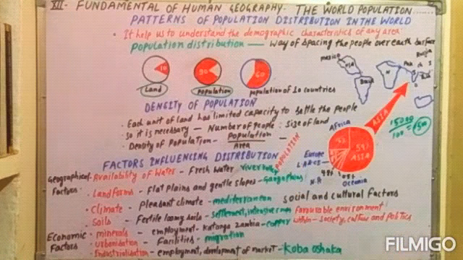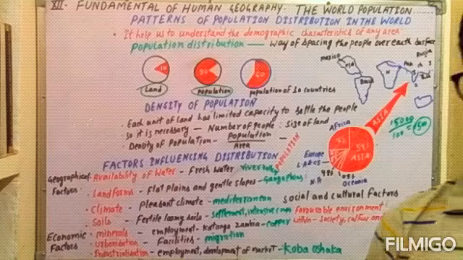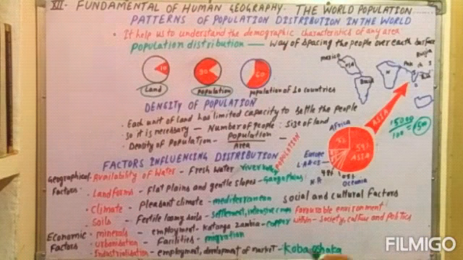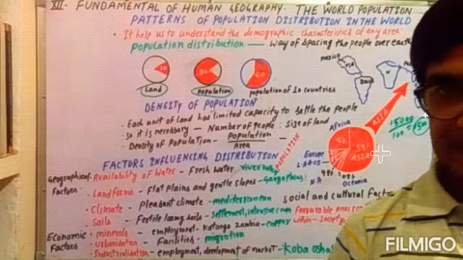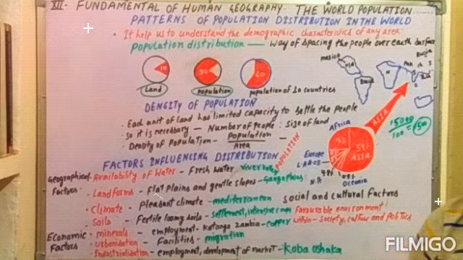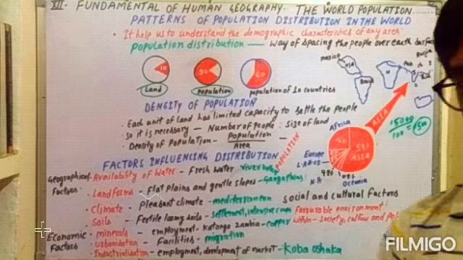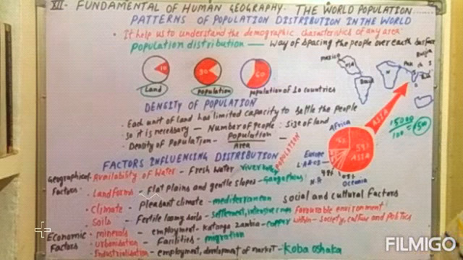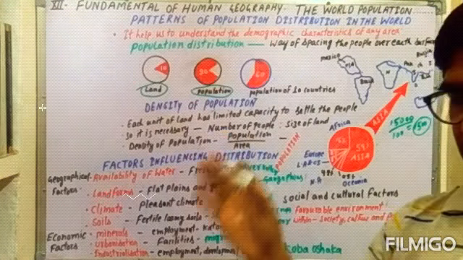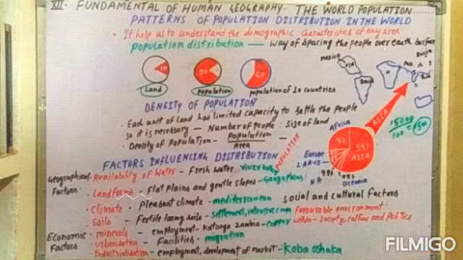We can see that the earth has a very limited capacity to hold population, in every kind of area. Each unit of land has a limited capacity to settle people, because not all land is favorable for settling people. Only land that makes it possible to settle people is plain terrain, flat surface, fertile regions, and regions where rich quality soil is available. All these regions come in one category, the favorable plains.